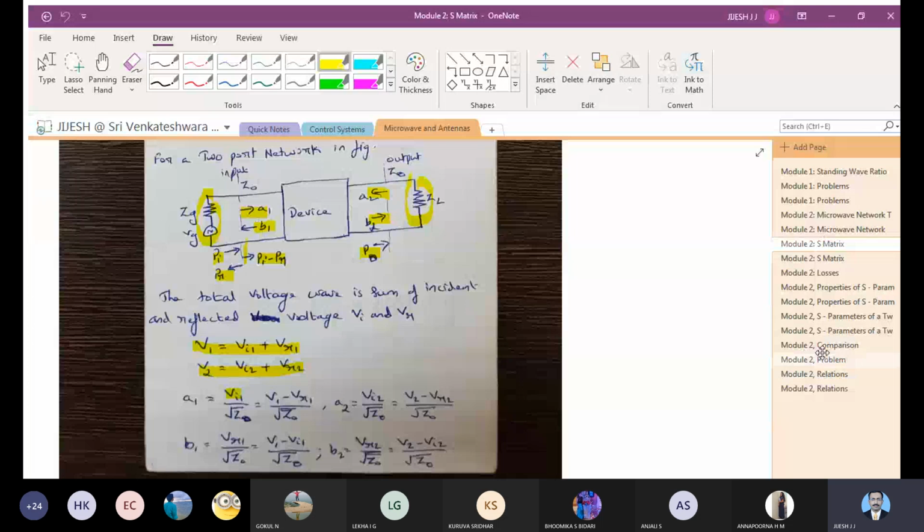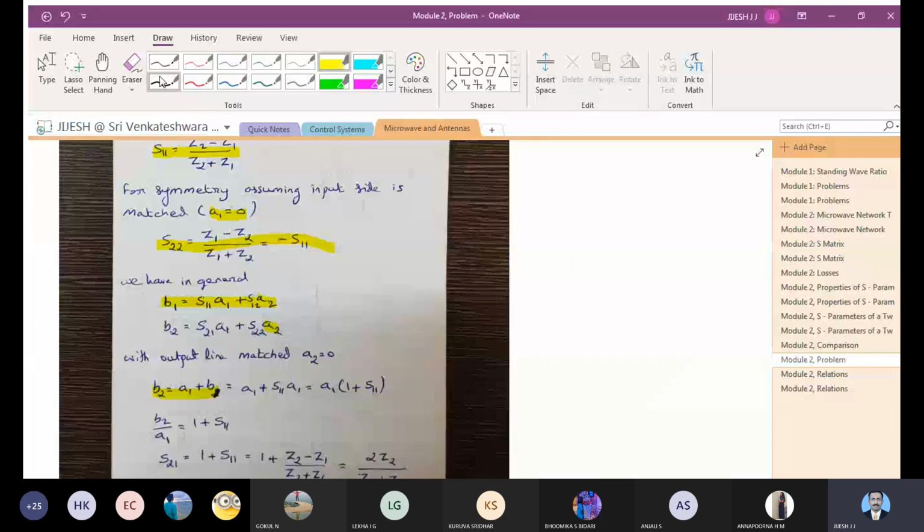From equation 1, taking A2 is equal to 0, you will get B1 is equal to S11A1. Since we have taken A2 equal to 0, the entire term becomes 0 and there will be no parameter here. So it will be B1 is equal to S11A1.